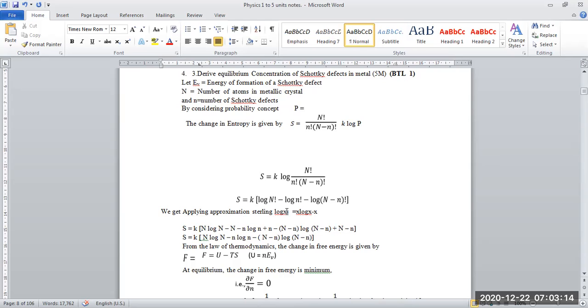So wherever factorial is there, that particular term will be expanded in the form of this formula, right? So instead of x, N is there. So therefore I have written here N log N minus N. I hope everybody is clear with this. So the minus is there. I'm just writing it minus here. You can just see minus.